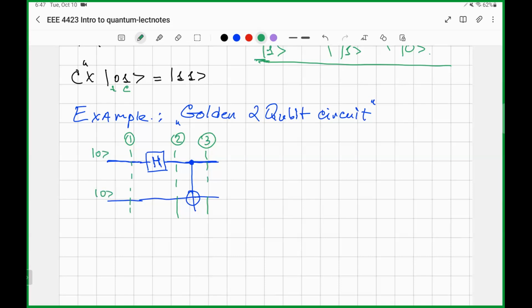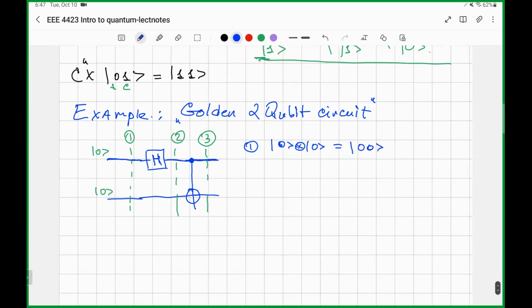Yeah, so the first layer, the state in the first layer is formed by the tensor product of states 0, 0. Right? Zero state in both qubits. So it's going to be state 0, 0. With second, this one is control, this one is target.